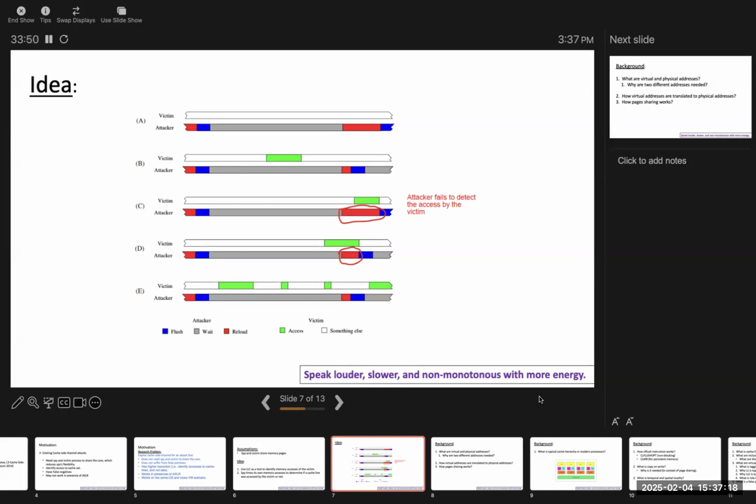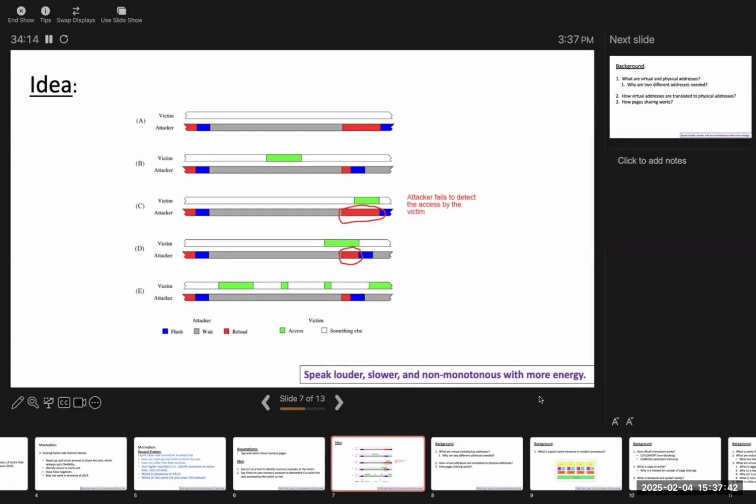So if you read the paper, their basic tool is that they are building their attack on identifying the accesses. And how are they identifying the accesses? By measuring the latency observed by the attacker. So here the latency observed by the attacker is the same as in this case, where the victim didn't make an access.